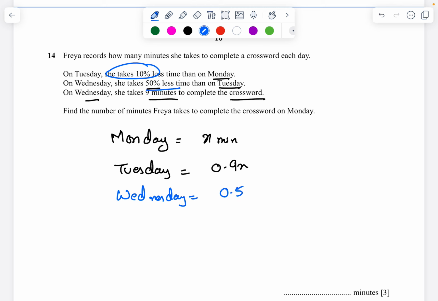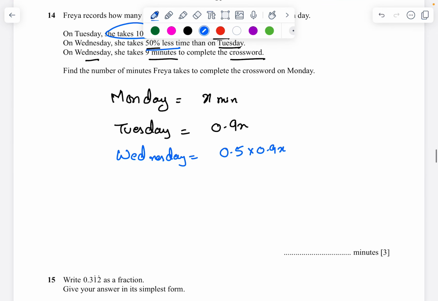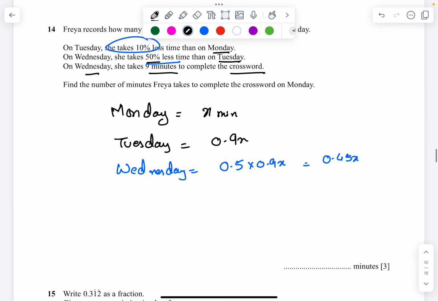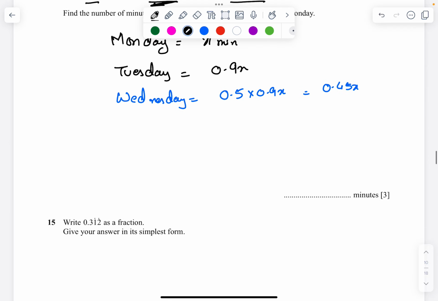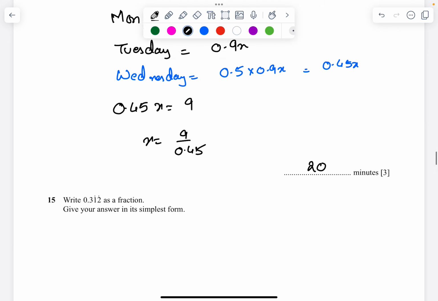So 0.5 times 0.9x, which is going to be 0.45x. But this 0.45x equals 9 minutes. So x equals 9 divided by 0.45, which is going to be 20 minutes.